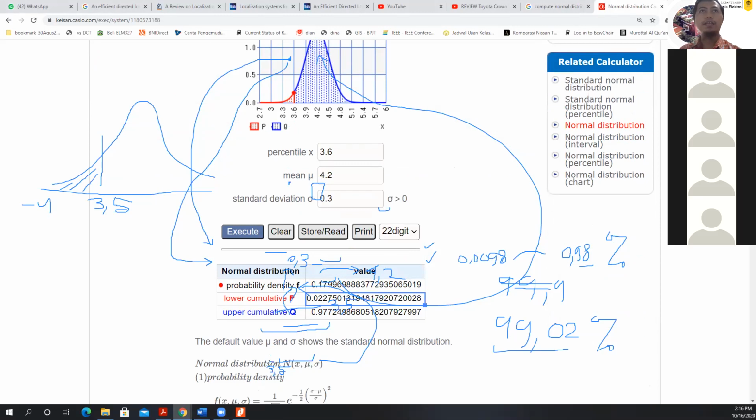Okay, let's check. The green one, right? The green one is for this 95%. So the rest is 5%. The 5% by 2.5 standard deviation, it's correct.